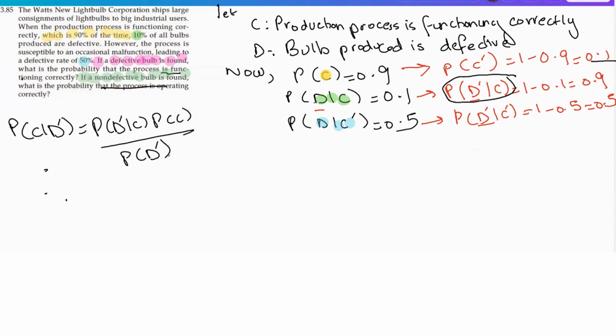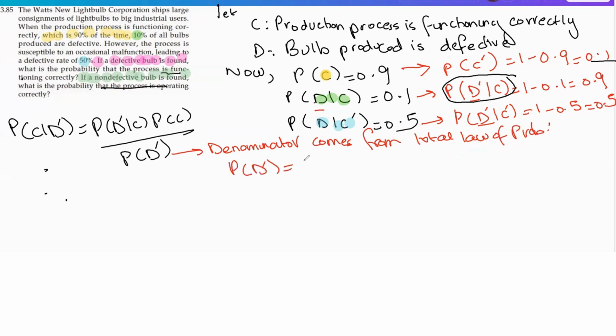And as mentioned before, the denominator comes from the total law of probability, where we can write the probability of D prime by conditioning on the process being correct. We could have done this in two ways.